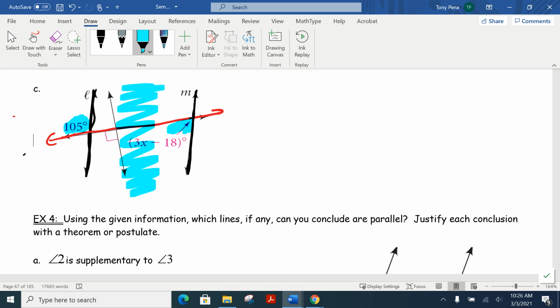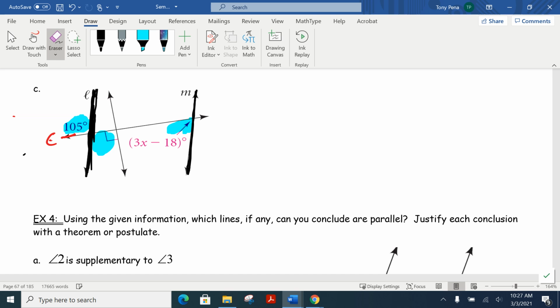But if we use Cam's idea of a vertical angle, couldn't we say, if I now look at this line right here, couldn't I say that this angle right here, so let me get rid of some of the shading here. Don't we know that this angle has to be 105 degrees also?